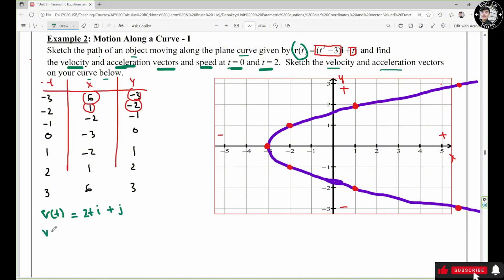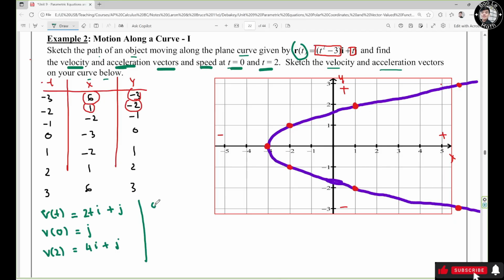And then I have v of 0. It's going to be t equals 0, substitute over here. It's going to be j only, right? V of 2. Substitute 2 for t over here. It's going to be 4i plus j, right?